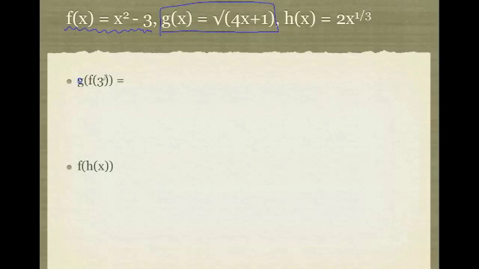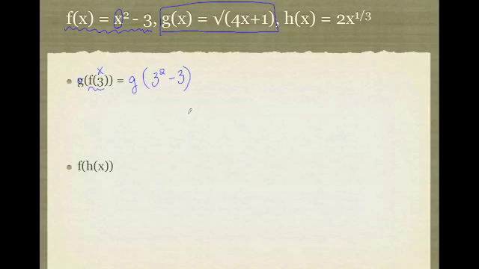So F of 3, this is my X value, so I'm going to replace this X with this 3. So it will be 3 squared minus 3.